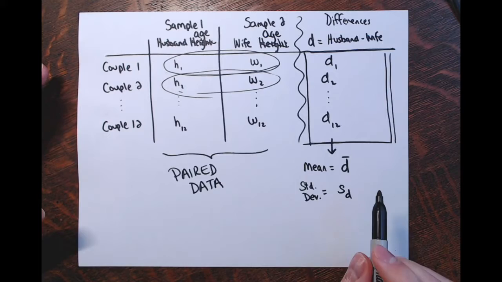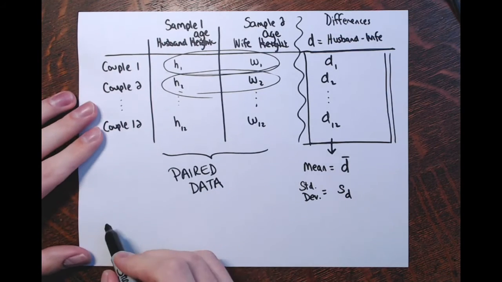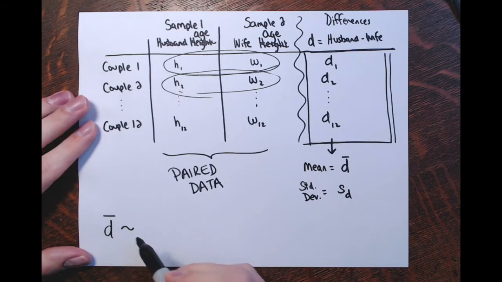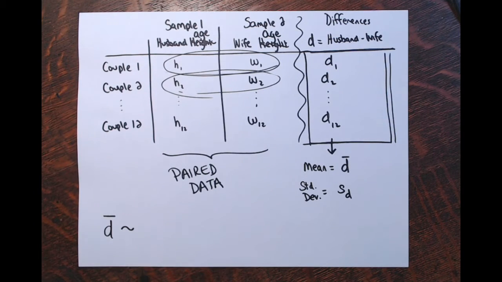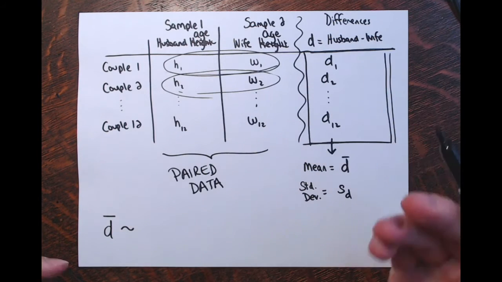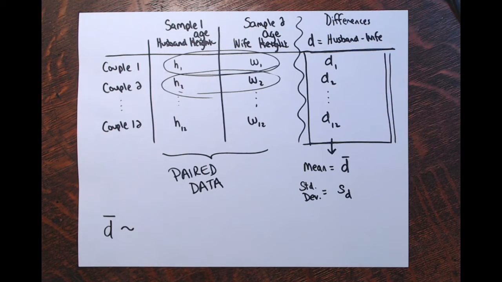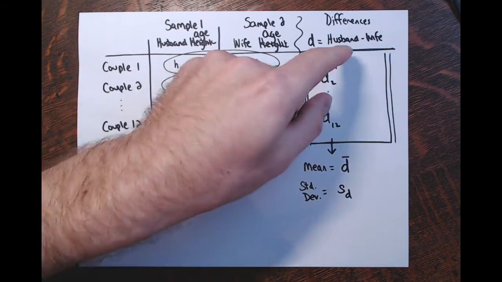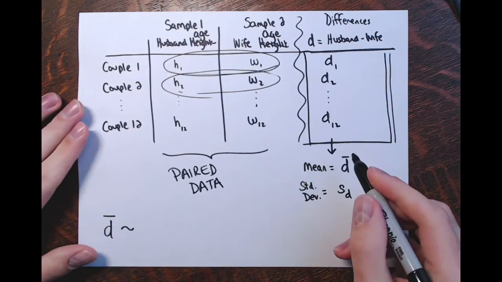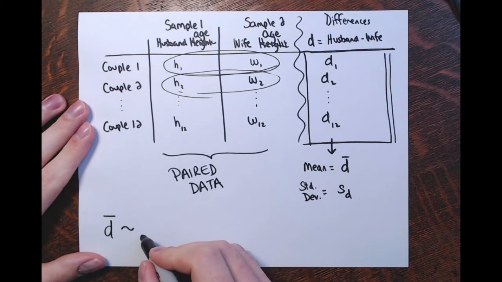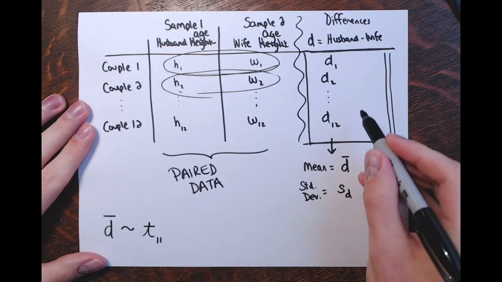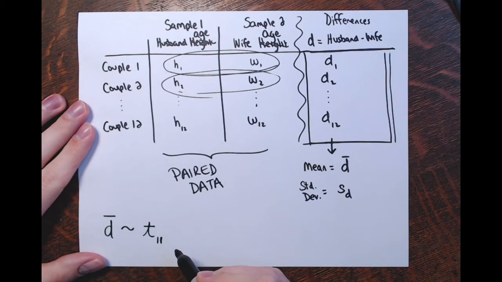Since we're assuming that the ages are normally distributed, if you were to do this for every possible group of 12 couples, not just these 12, look at their difference in ages and then the average of those differences, that average would have a student's t distribution with 11 degrees of freedom, the sample size minus 1.